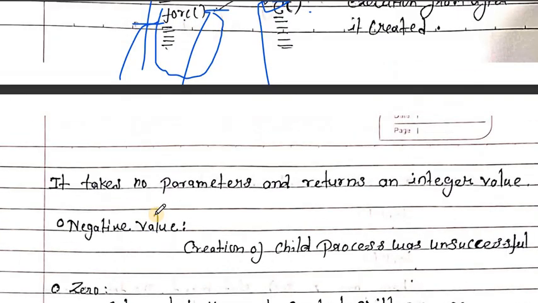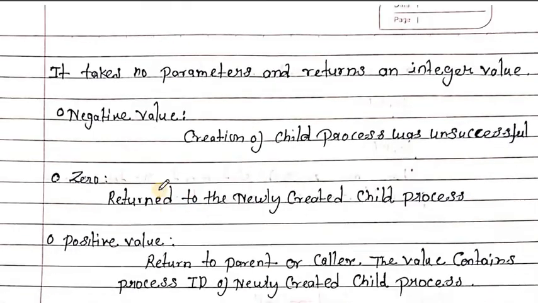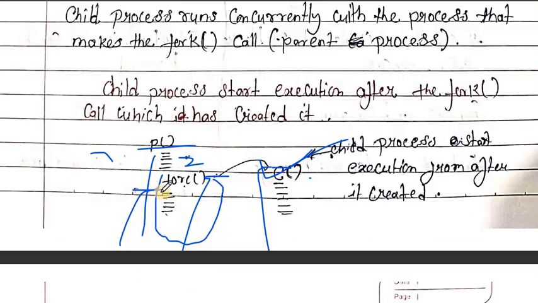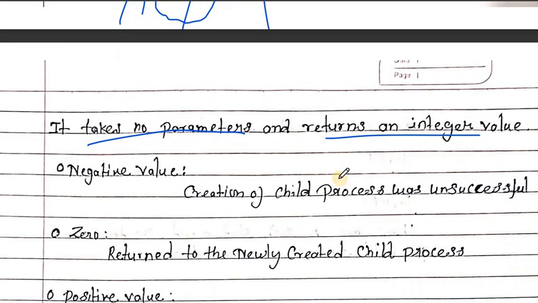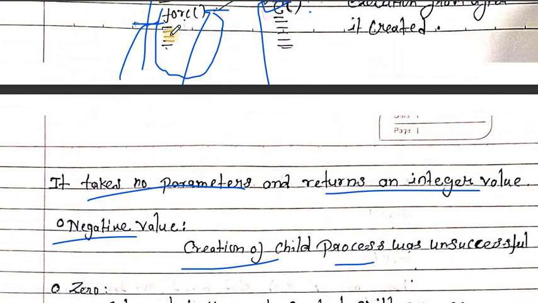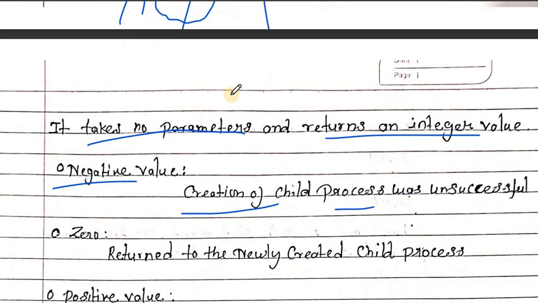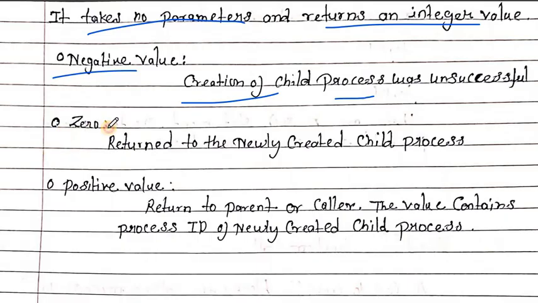What is the return value of fork? Fork takes no parameter and returns an integer value. If the value is negative, the creation of the child process was unsuccessful. If it returns 0, that is returned to the newly created child process.